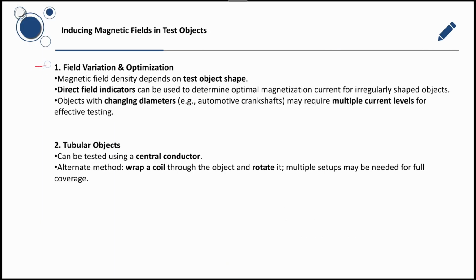First, field variation and optimization. The magnetic field density inside a test object is not always uniform. It depends on the shape and size of the object. For irregular shaped objects like gears or crankshafts, the field may not fully cover all areas.